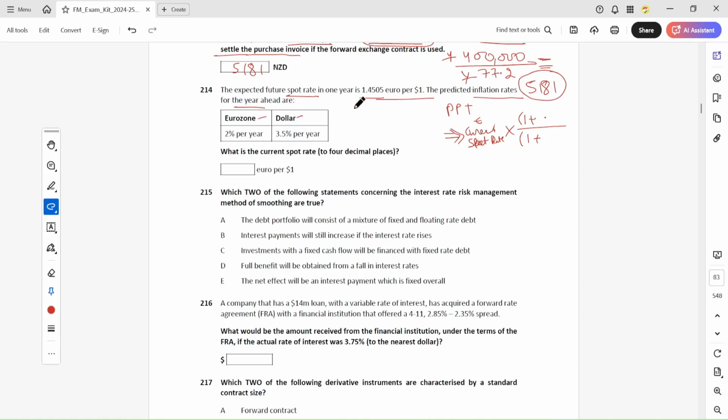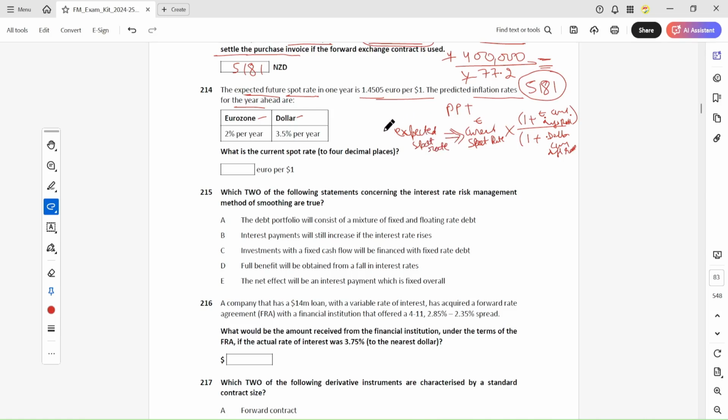And the expected spot rate is the current spot rate multiplied by 1 plus the euro inflation rate over 1 plus the dollar currency inflation rate.